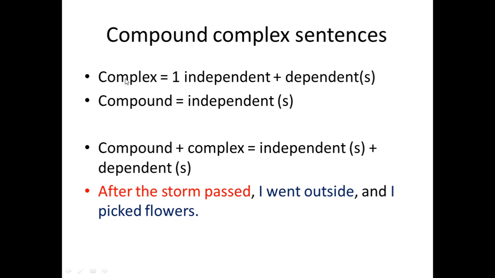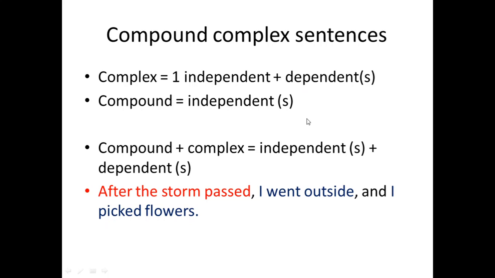If we combine complex and compound sentence, what do you think we will get? Compound and complex, right? So for the compound, we will take the independent clauses here, okay? And for the complex, we will only take the dependent clauses, okay?